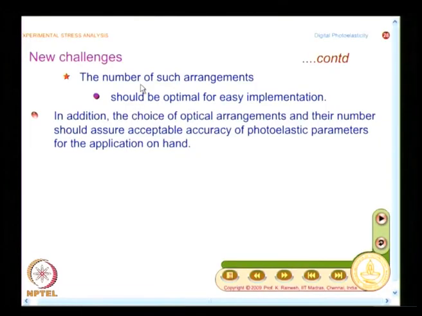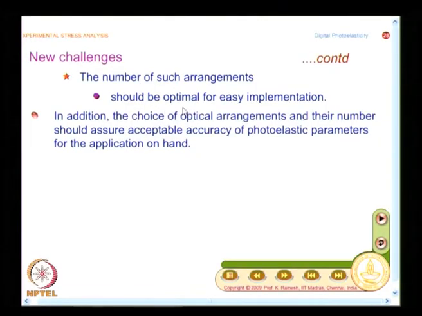So, 3 should be good enough. Then people found 4 is necessary. From an accuracy point of view, you have to go for more and more methods. Now, you have a technique which is a 10-step method, which is very robust, which could be employed even in a conventional polariscope. You put a CCD camera, replace the human eye, and write your own code to evaluate the parameters.